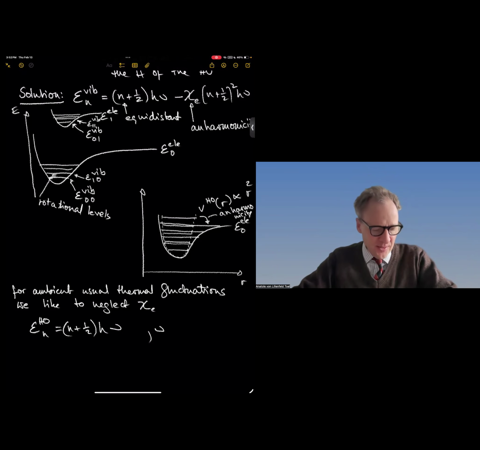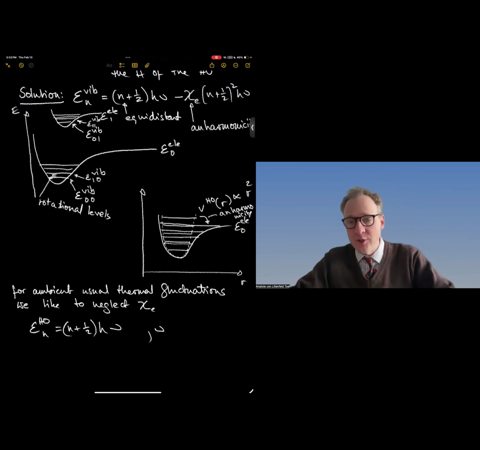This is a very important measure, and you have to be very careful, because in common jargon we also call this the bond strength, but it's really the curvature of this potential. So it does not tell you how deep the potential is.